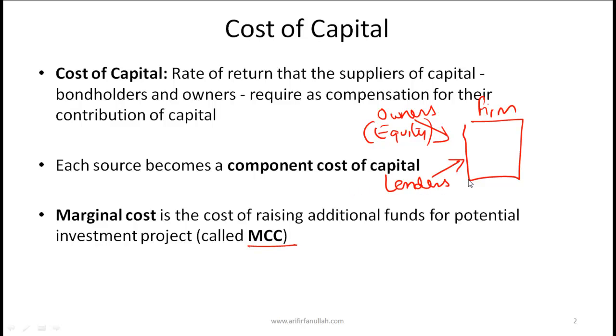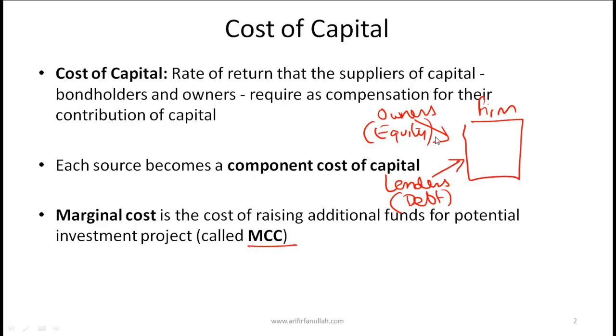These could be bondholders or the bank, but basically somebody who is loaning money. So this would be debt. Both these suppliers of capital expect a return. The lenders expect a return in the form of an interest rate. Equity holders expect a return in terms of dividends, capital gains, and so on.